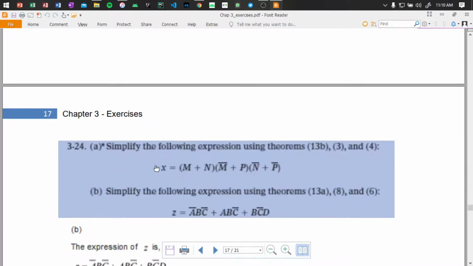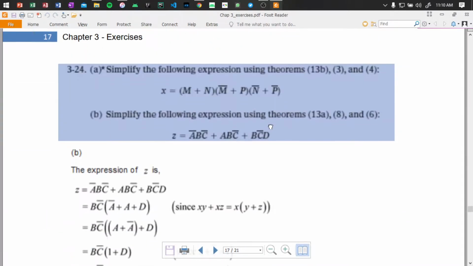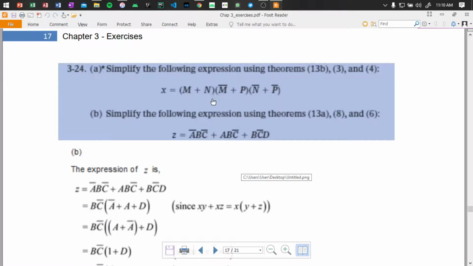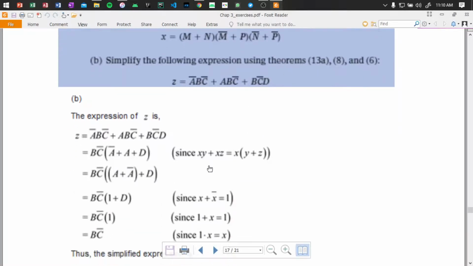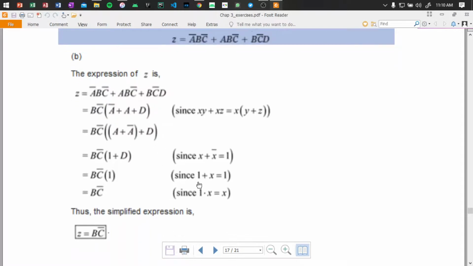Simplify the following expressions with the theorem. You have ABC plus the expression. Let's check it. A prime is B, C prime is C prime.